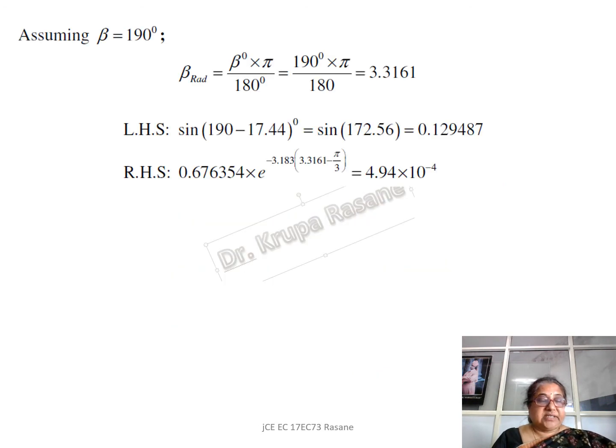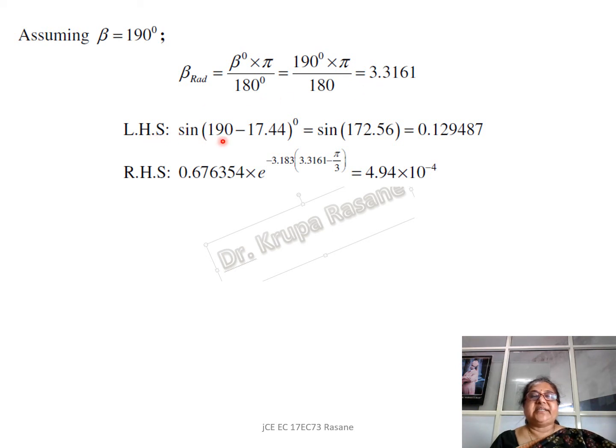So beta, now I'm going to assume, since it is above 180 degrees, I start taking values one by one. I assume a value of 190 degrees and convert it to radian, so I get this radian value as 3.3161. Then I put this value in the left hand side and right hand side.